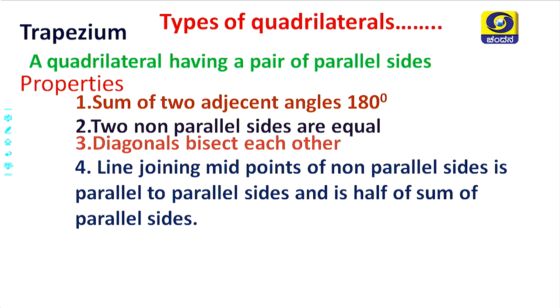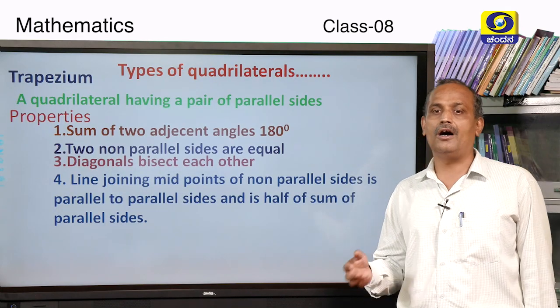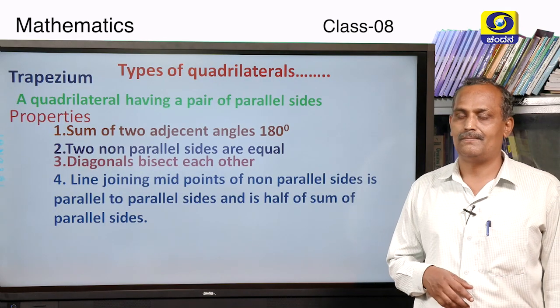We have understood a trapezium is having a pair of parallel sides, but the non-parallel sides are equal. So, non-parallel sides are joined together by using their midpoints, by using a line, and that line is parallel to the parallel sides. And what is its length? Its length is half of sum of parallel sides.